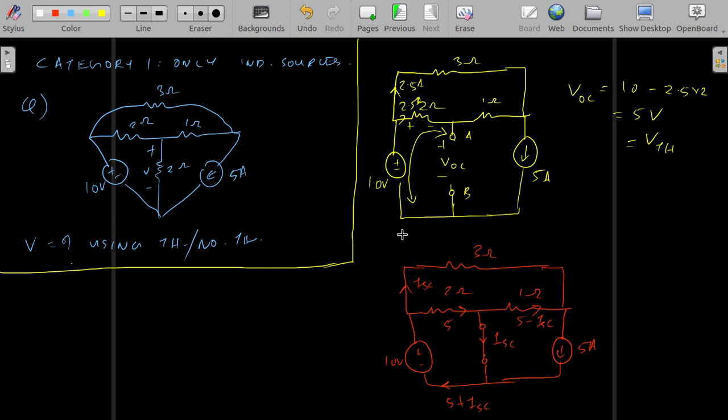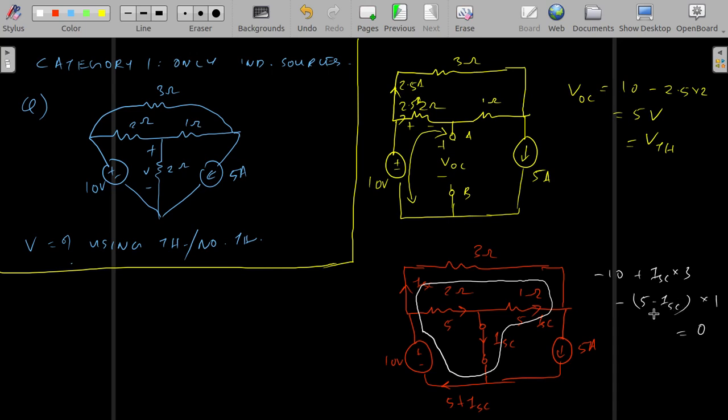Now I am using one mesh. So let's take a mesh like, not a mesh, a loop. So I am using this loop to write the equation. So it will be minus 10 plus ISC into 3 minus (5 minus ISC) into 1 equal to 0.